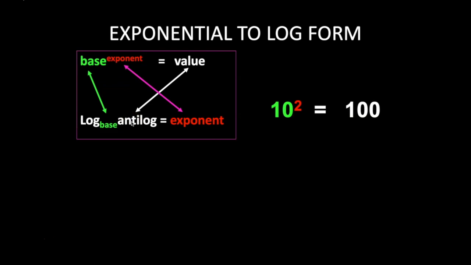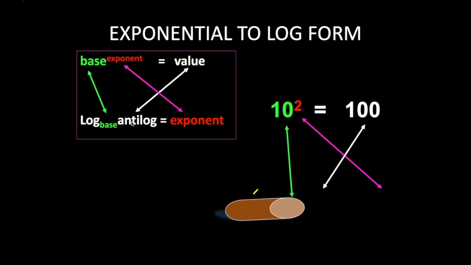So let's take 10 squared equals 100. And I have a little story to tell you. 10 squared was walking out in the forest with 100. And a log fell on 10 and pounded him into the ground. 2 ran over and told 100 what had happened, and 100 came to see what was going on.